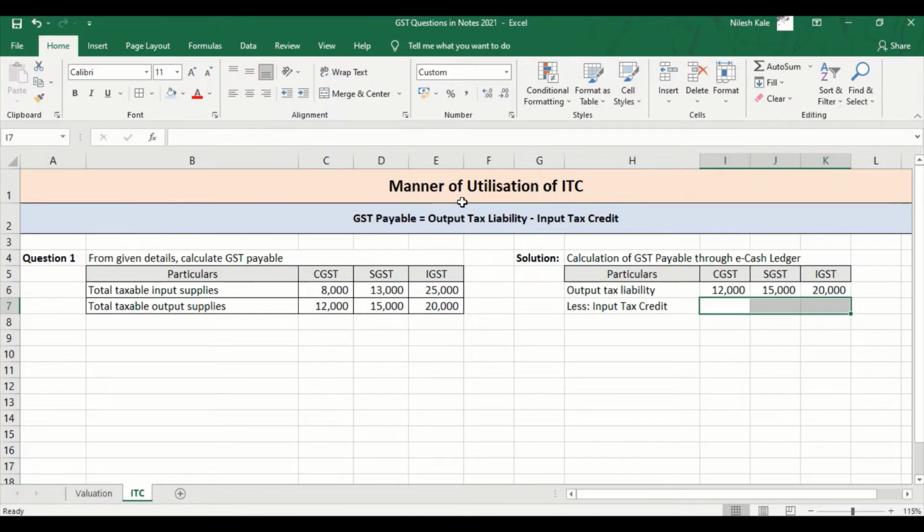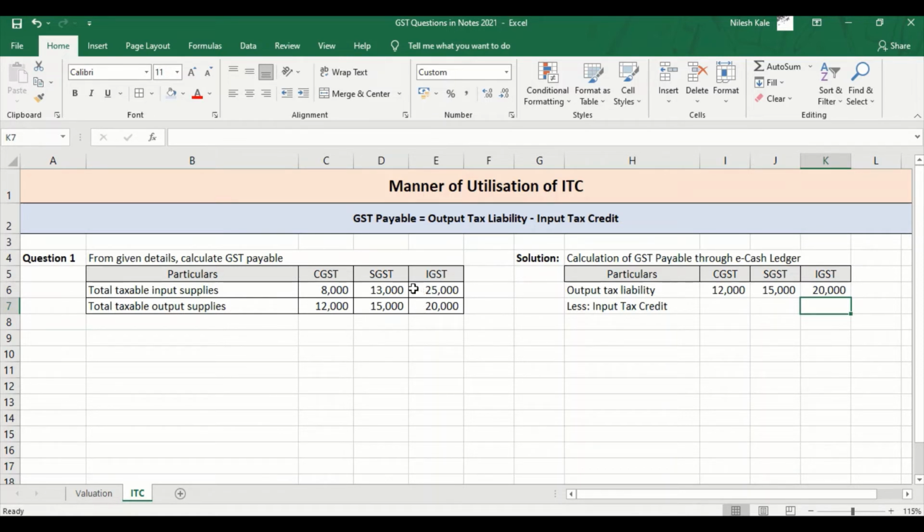This is wrong because we have a manner of utilization of ITC given in section 49. So what is that manner? The manner says first we have to utilize IGST credit to pay IGST liability. I will show you here. This is IGST credit and this is IGST liability, the output liability.